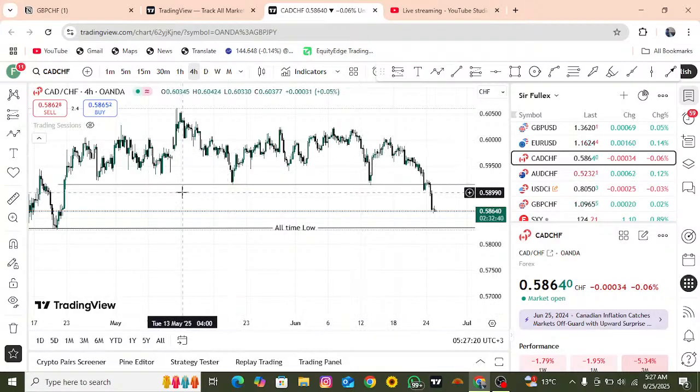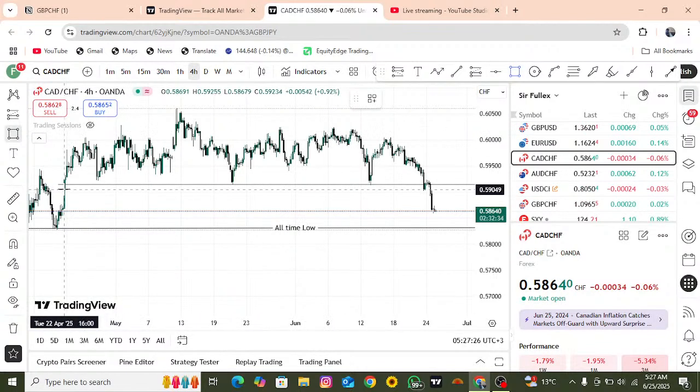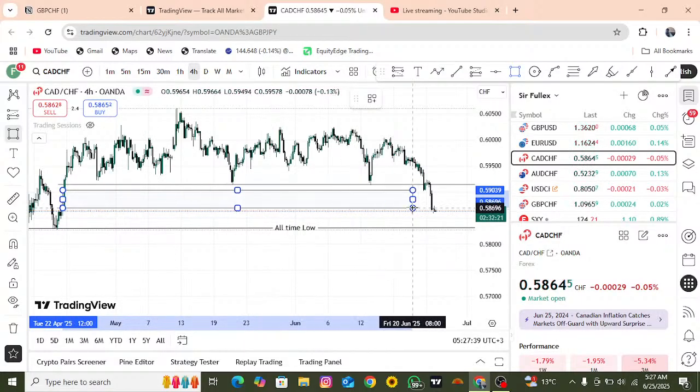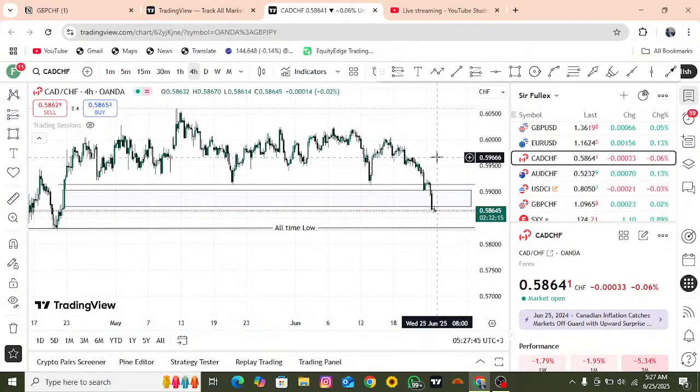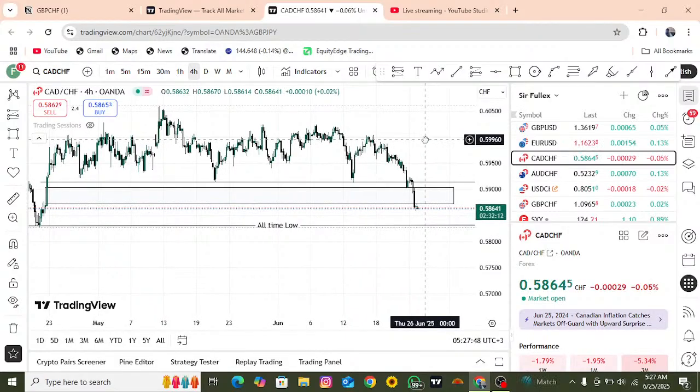Price reacting from a fair value gap. This is a fair value gap. Let me mark it in case price turns from it. Or it can be an inverse fair value gap for us.